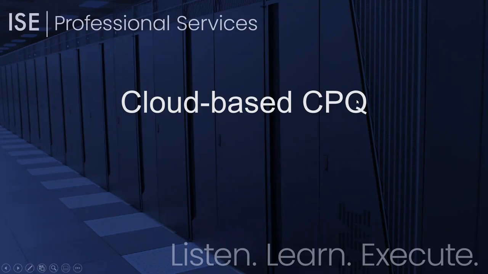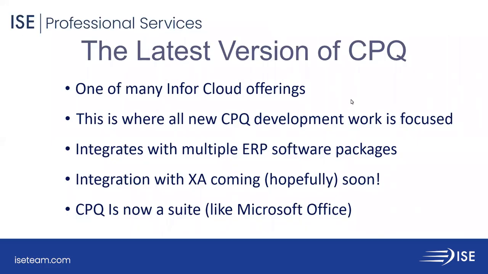But now we're talking about the cloud-based CPQ, which, along with other Infor products, you now have the option to run in the cloud, not just on-premise. This is definitely the latest version of CPQ. It's one of Infor's many cloud offerings.